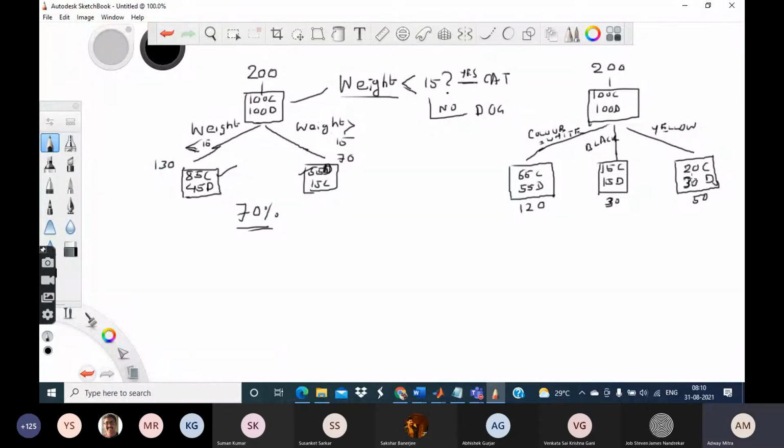So this is one way of splitting the data set, and this is another way of splitting the data set.